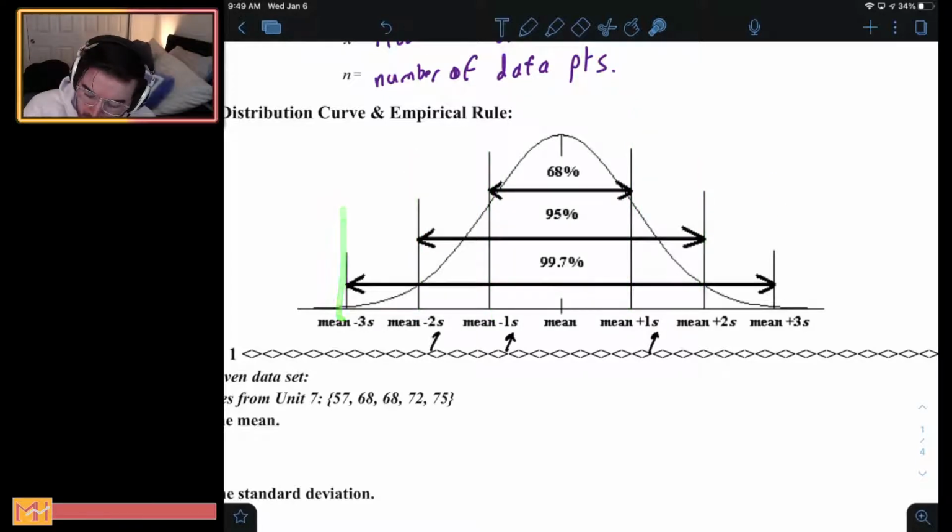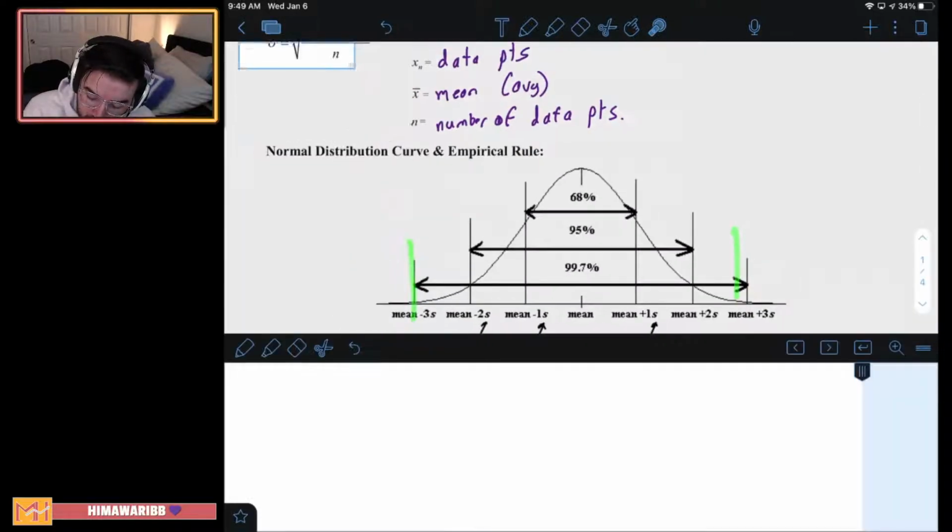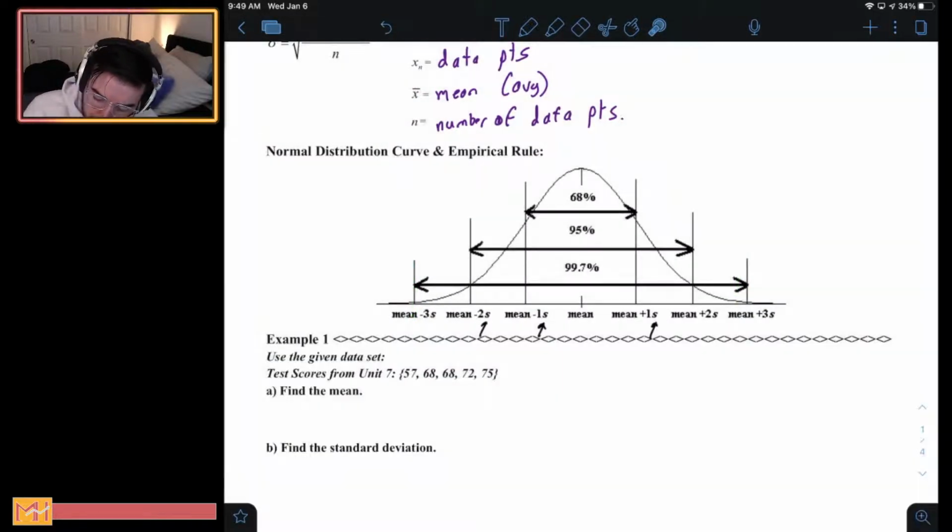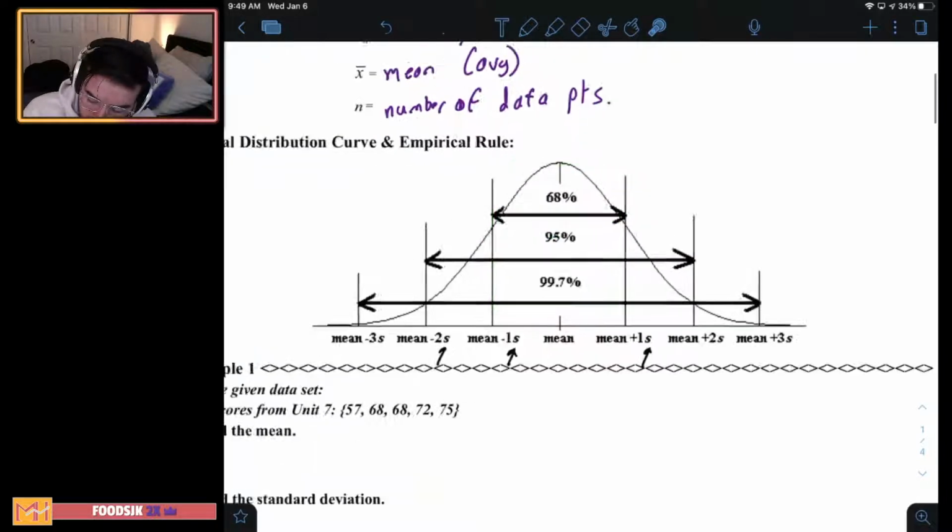And then 99.7% of the data is always within 3 standard deviations. Whoa. So 1 standard deviation away is 68% of the data.